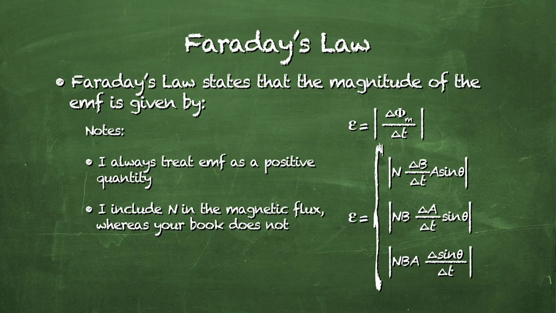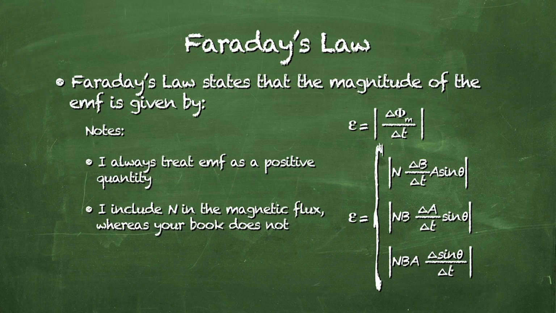Or finally, the electromotive force is equal to the number of wraps of wire times the magnetic field times the area of the loop times the change in the sine of theta with respect to time if it's the angle that's changing.